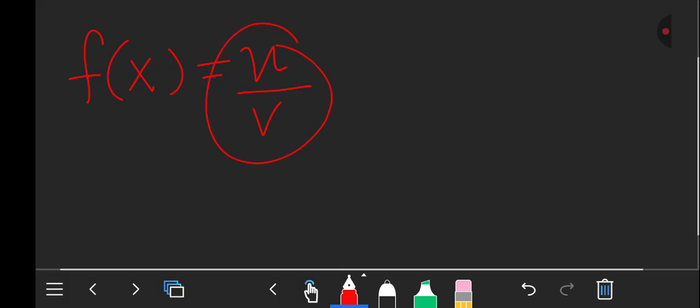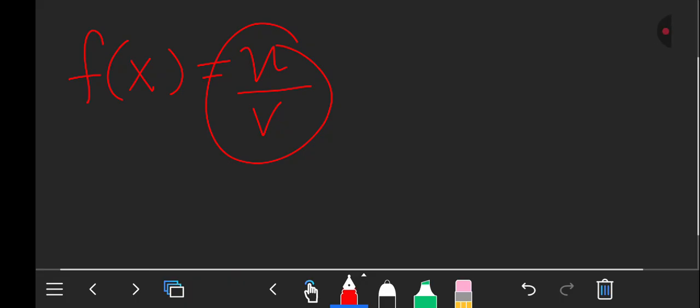So let's say we've been given a certain function f of x, which is given in the form u over v. You can see that there is a division, u divided by v. So in this function, you are going to use the formula.